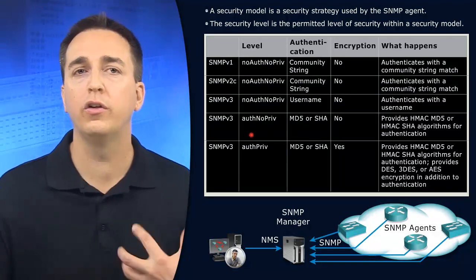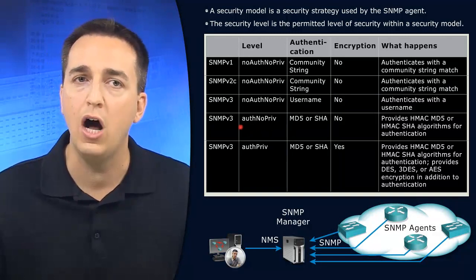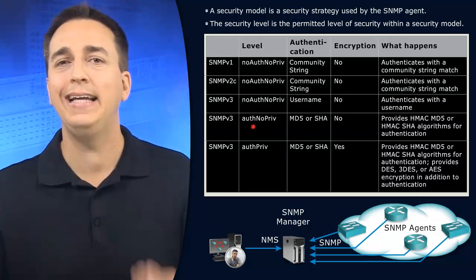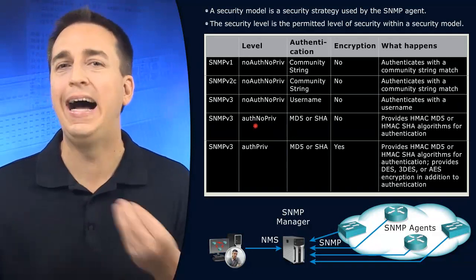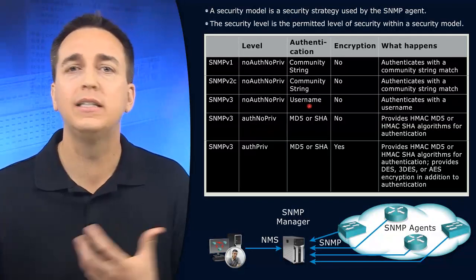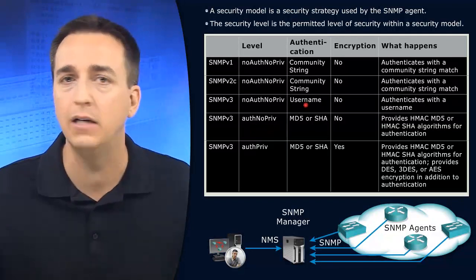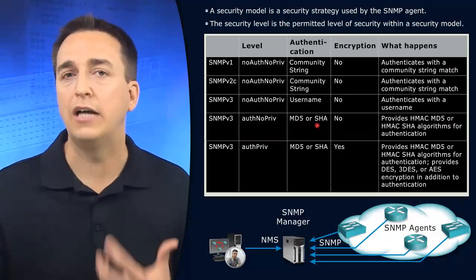Now, when we get up further into the security models for version 3, you'll see that we have auth, no priv. Now, auth means we are going to use a heightened type of authentication. What do I mean by heightened type? Well, more advanced. We're going to use hashing algorithms instead of just simple usernames that are passed in plain text. We're going to use MD5 or SHA as our hashing algorithm.